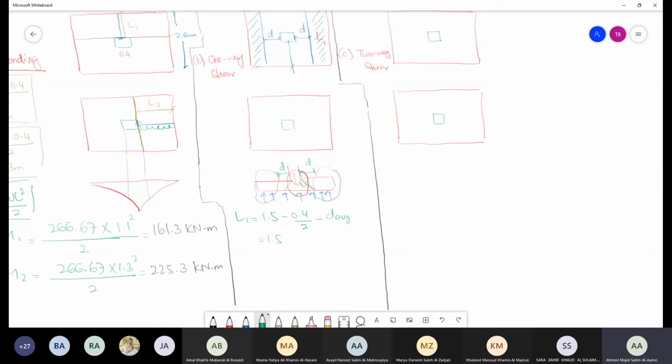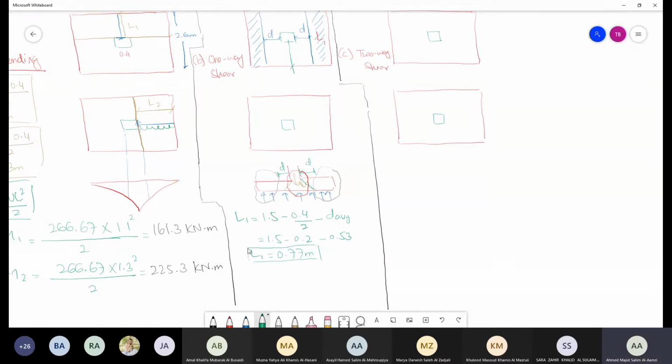So I can say that it's 1.5 minus 0.2 minus 0.53. How much is going to be your L1? How much is the value of L1? The value of L1 is 0.77 meter.